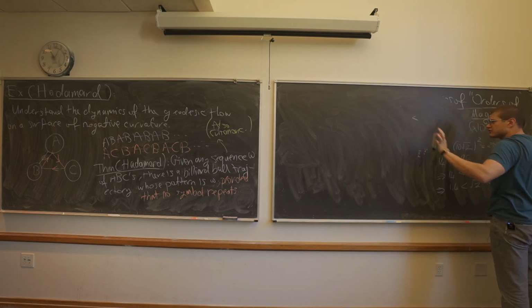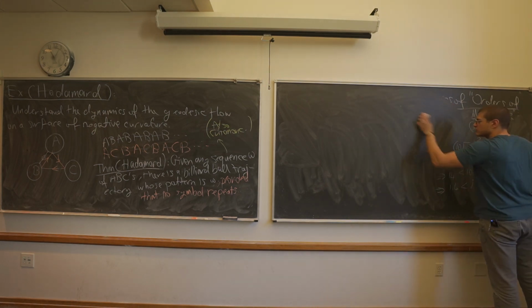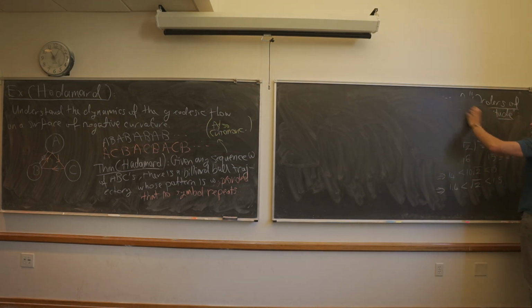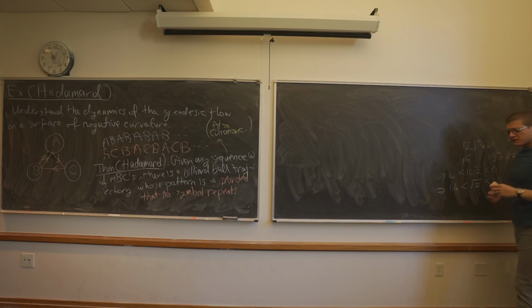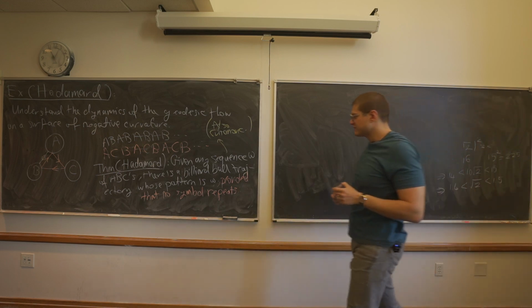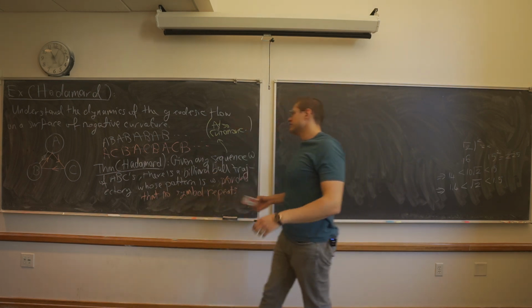This class, we're going to focus more on the symbolic dynamics and build some intuition. And then next week, we're going to connect this idea of the symbolic dynamics to iterated function systems.